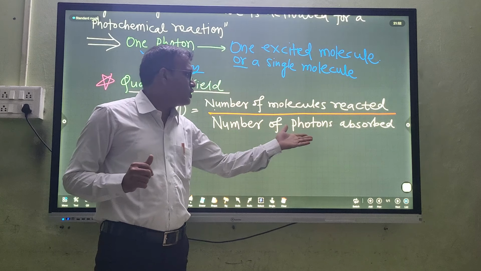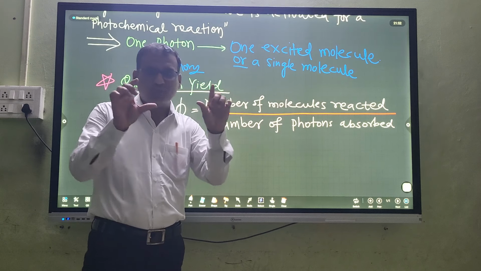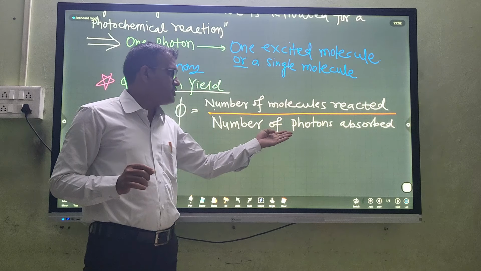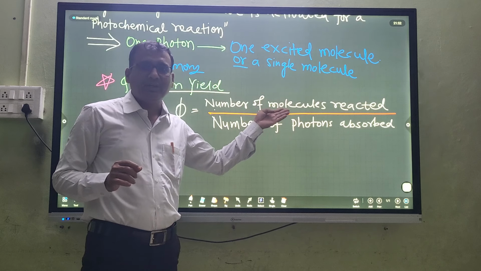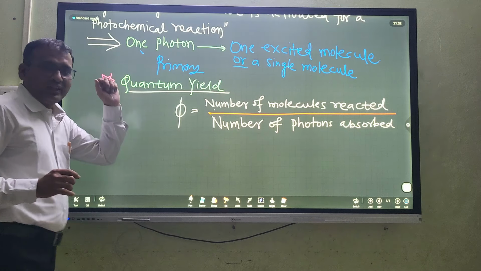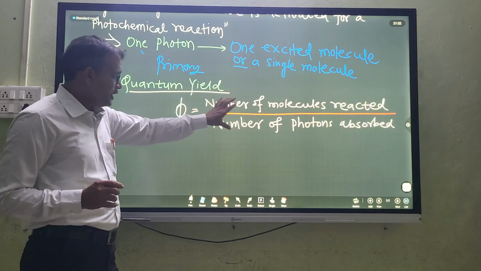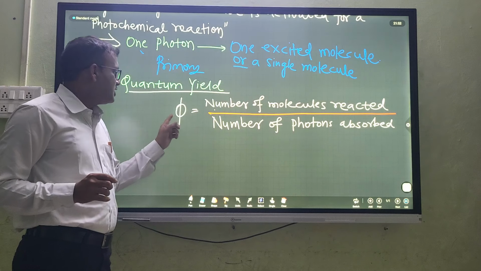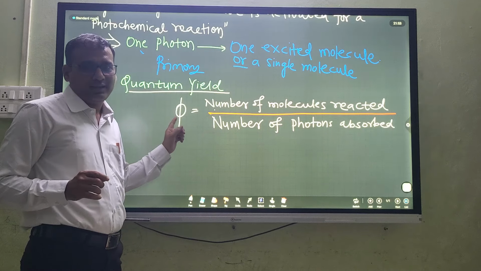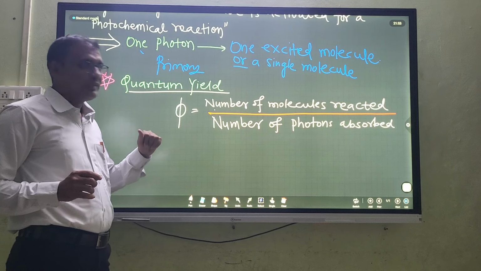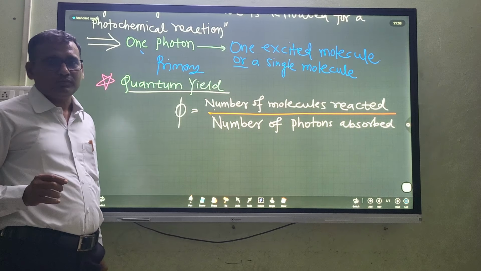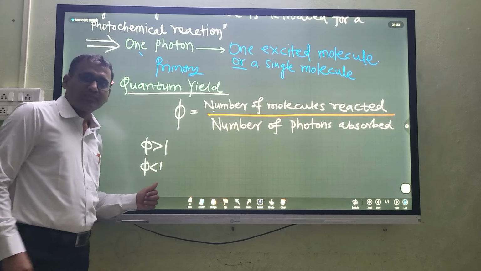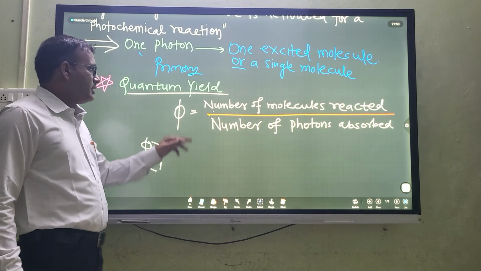We know that photons and molecules are very important in photochemistry. Number of molecules activated over number of photons. This ratio explains the efficiency, and this symbol is called phi.